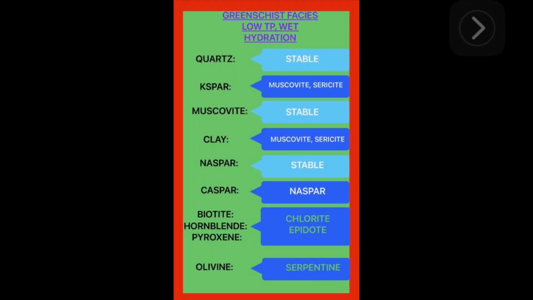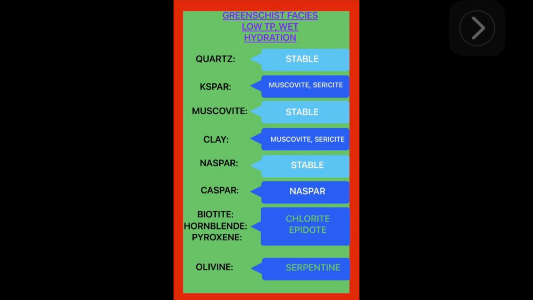Here is our complicated but colorful table representing Greenschist facies metamorphism. Really the main things to remember here are that quartz is stable, no change in it. Muscovite likes this Greenschist phase, so it is very stable.